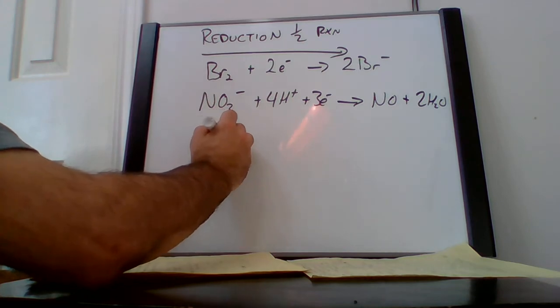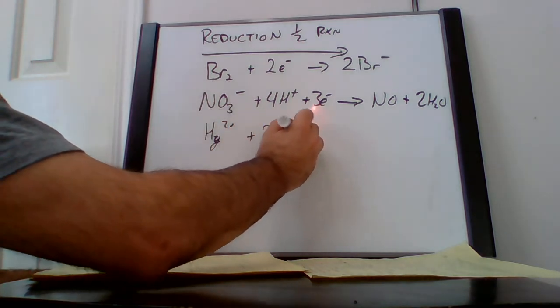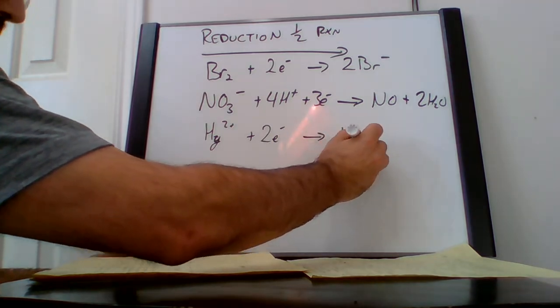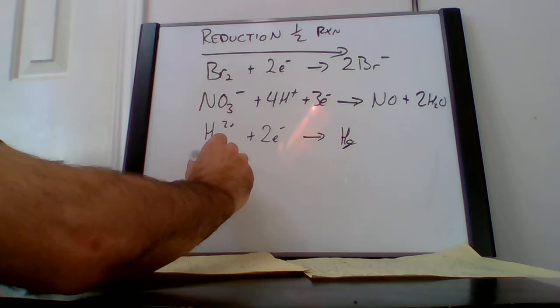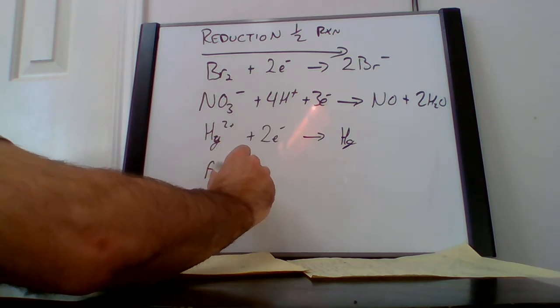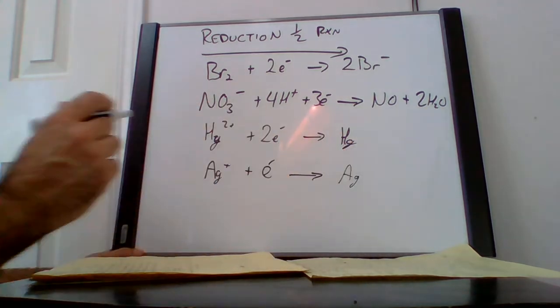We've got Hg2+ plus 2 electrons going to the liquid metal mercury. Or we've got Ag+ plus 1 electron going to Ag.